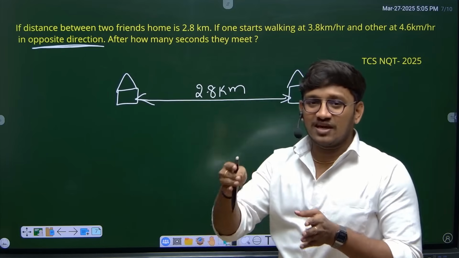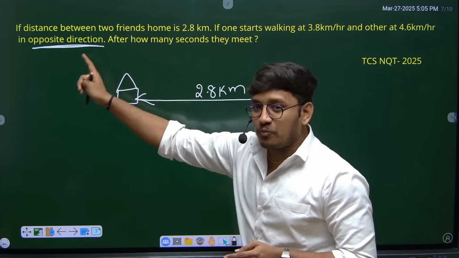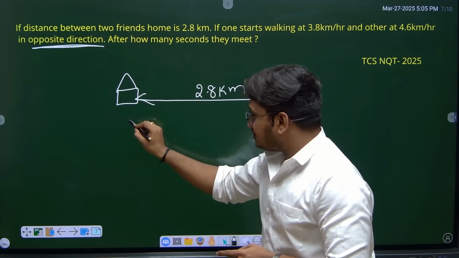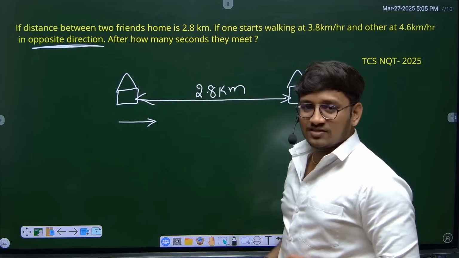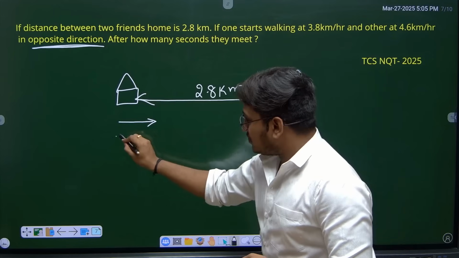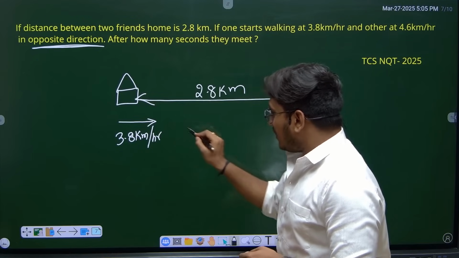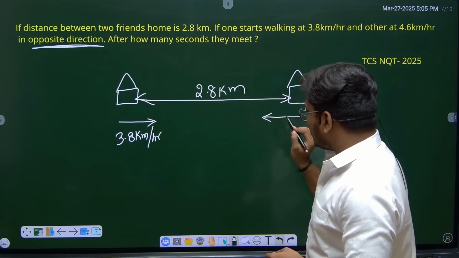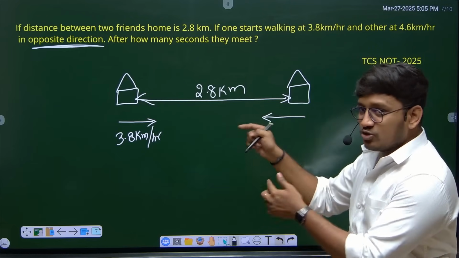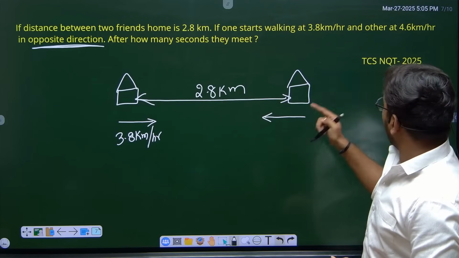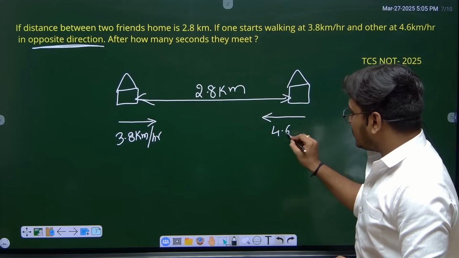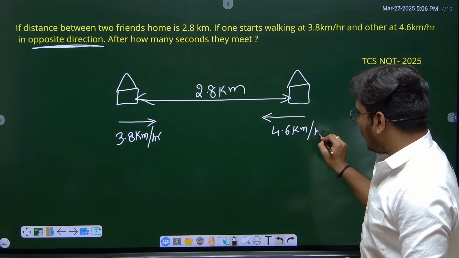Here the direction is opposite, means one person is moving in this way at a speed of 3.8 kilometers per hour, and the other person is moving towards the opposite direction with a speed of 4.6 kilometers per hour.